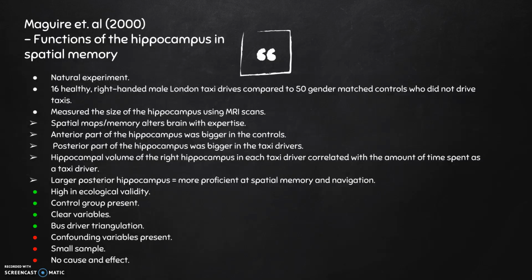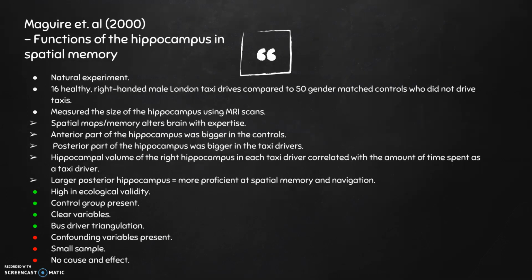Looking at a study where MRI was used, we can talk about Maguire et al. from 2000. He looked into the functions of the hippocampus in spatial memory through a natural experiment. So he was interested in whether changes could be detected in the brains of London taxi drivers. So 16 healthy, right-handed male London taxi drivers were compared to 50 healthy, right-handed gender-matched controls, people who didn't drive taxis.